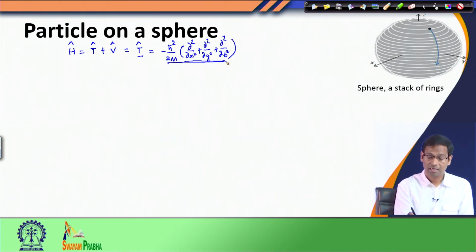This kinetic energy operator would have been adequate if we were discussing a particle in a cube or a cuboid. However, since the particle is moving on a sphere, we would like to convert this kinetic energy operator from Cartesian coordinates to spherical coordinates.